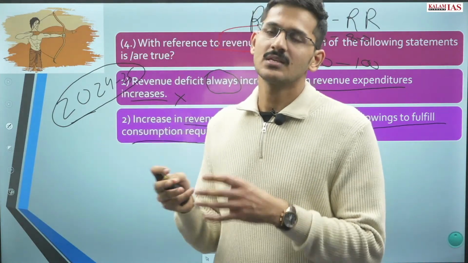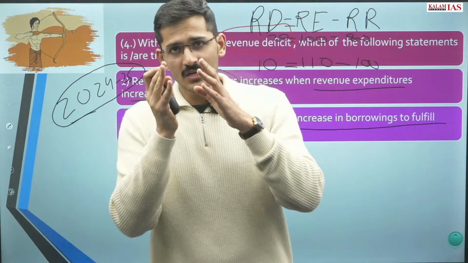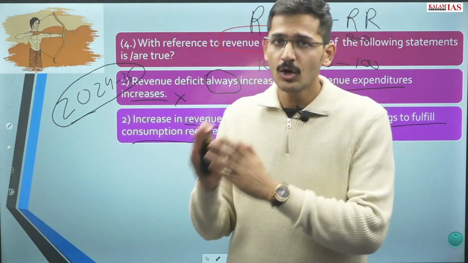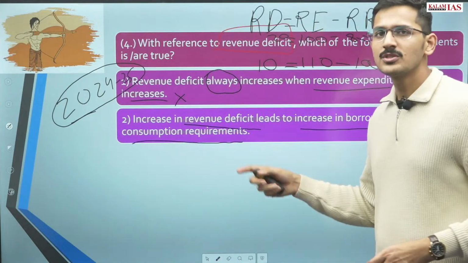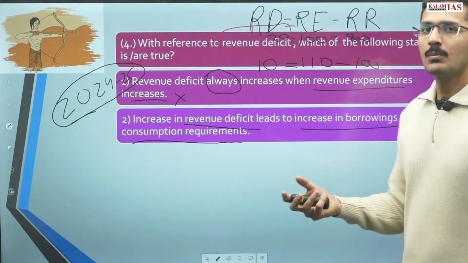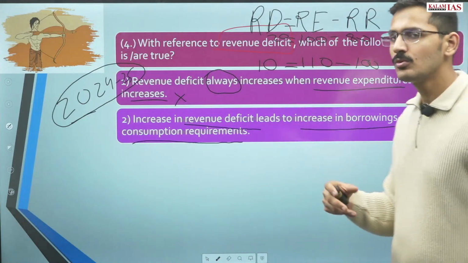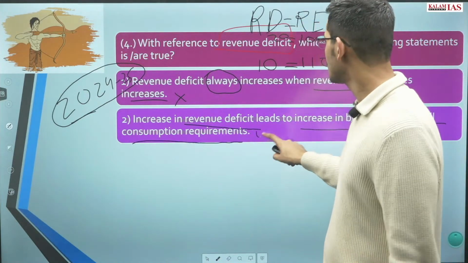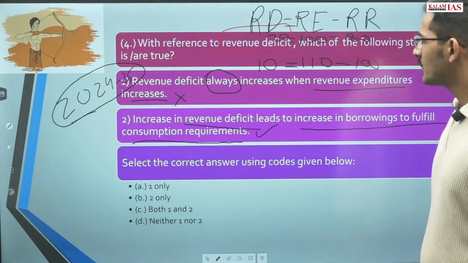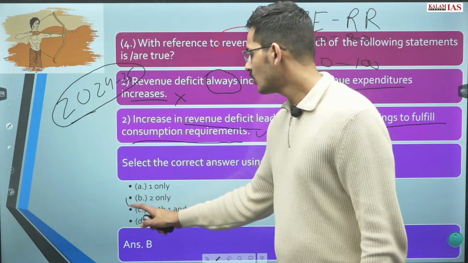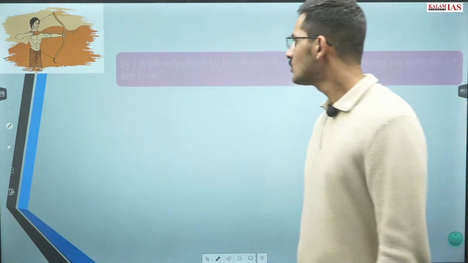That is capital receipts, and there are 2 types: debt creating capital receipts and non-debt creating capital receipts. One of the options for the government would be to borrow from the market to fulfill the revenue deficit. So this statement is correct. Select the correct answer using the code given below. Answer is B, 2 only.